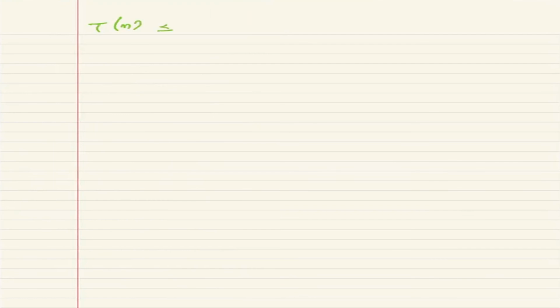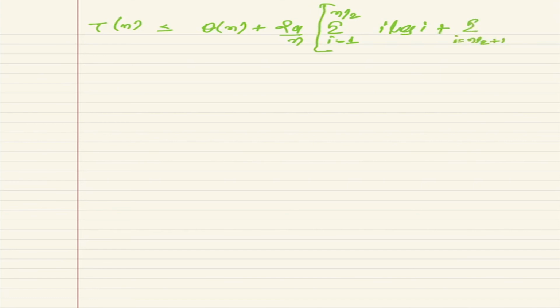So Tn is less than or equal to theta n plus 2a by n, sigma i equal to 1 to n by 2 of i log i, plus, I can take this common, sigma i equal to n by 2 plus 1 to n minus 1 of i log i.